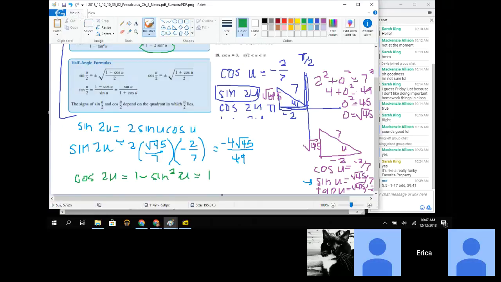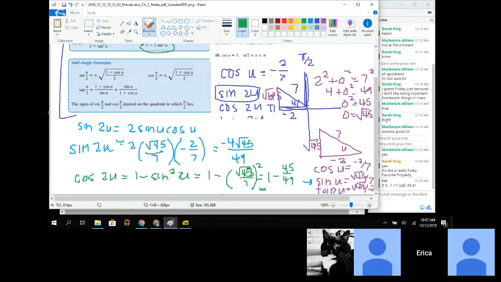Okay, 1 minus, what is the sine of u? It's the square root of 45 over 7, squared. So it's 1 minus 45 over 49.